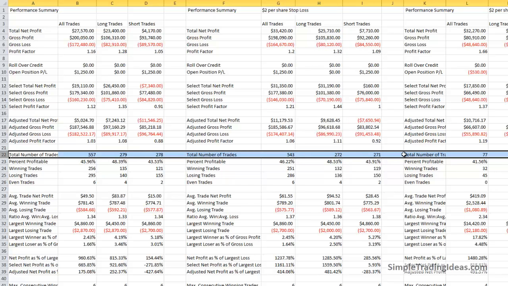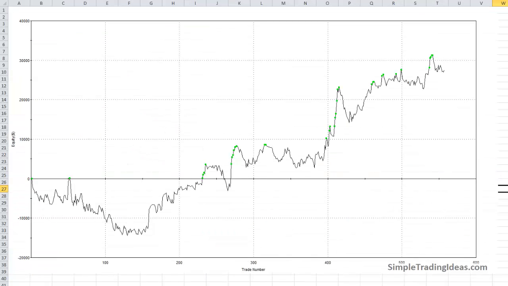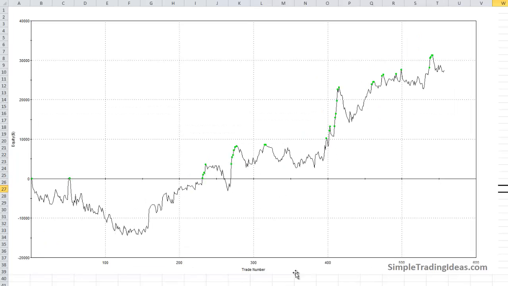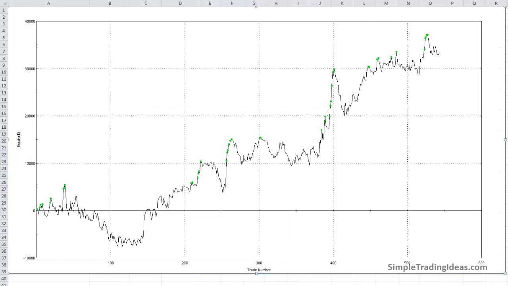Now, before we continue looking at the performance summary, I would very much like to look at our equity curves again. That's our first system, right there, equity curve. That's a drawdown. That's our second system. You can see in our first system we're a little shy of 600 trades. Well, we'll see on the performance summary. In our second system, that's about the same number of trades.